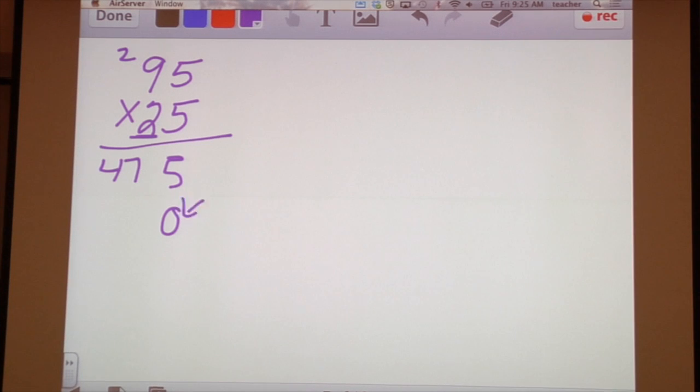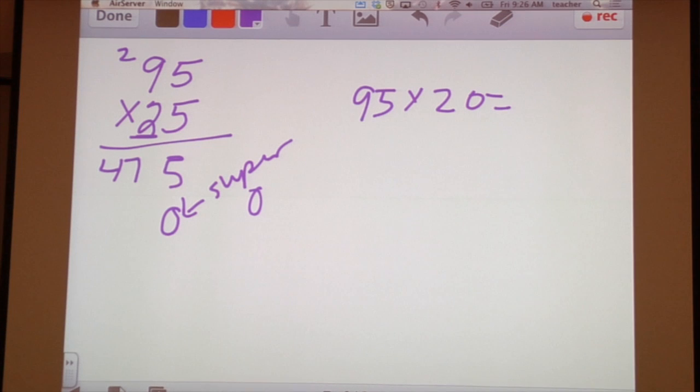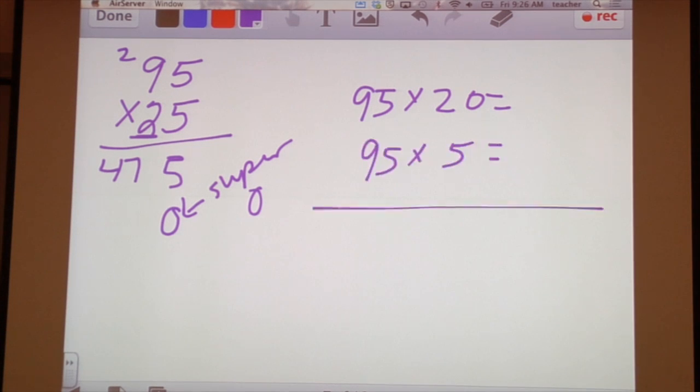So the kids will call this super 0. Use that language at home too, right? But they know, and the instruction is happening, that we put that there because it's now the 10s place that we're working from. You also may see 95 times 20 and 95 times 5, and then adding them.